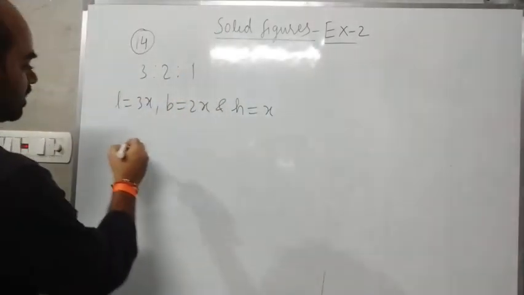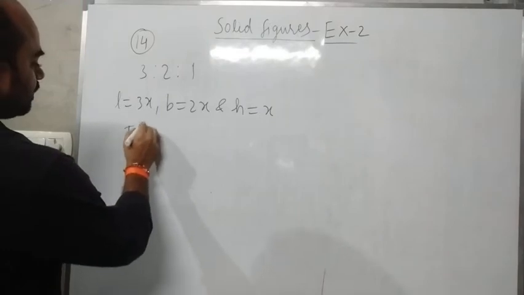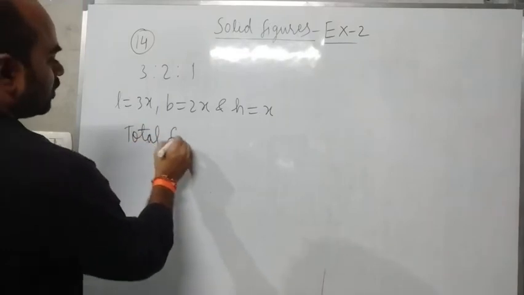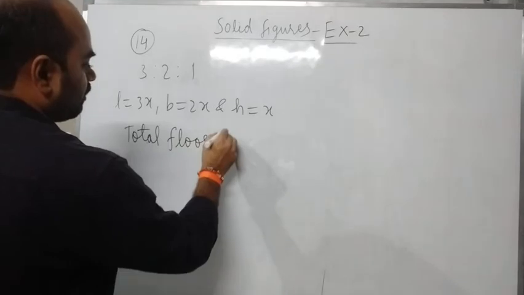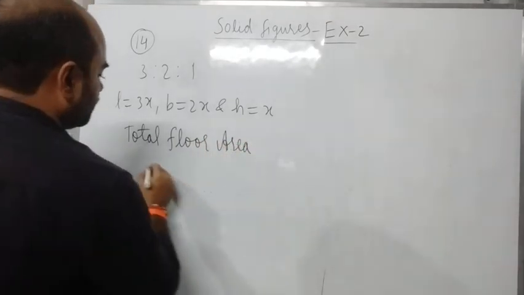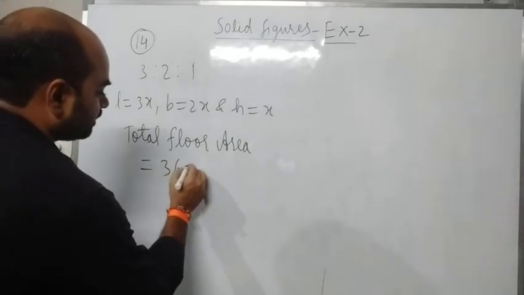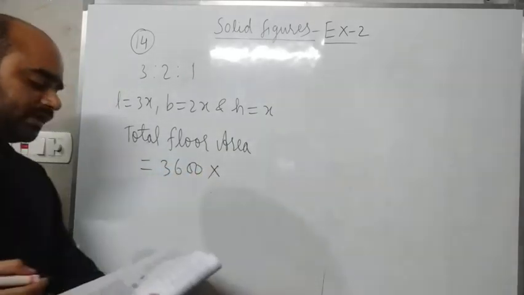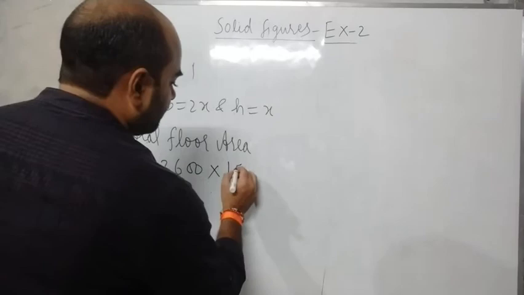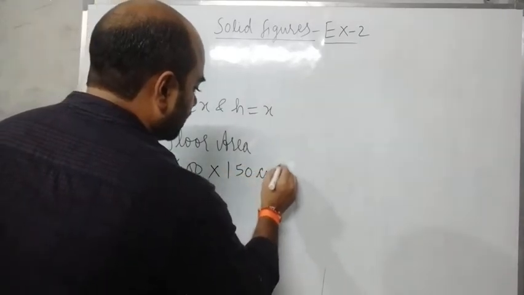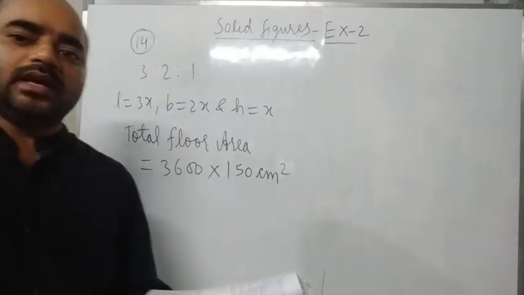It means what is the total floor area? Can you tell me? One student requires 3600, into how many students are there? 150. It means this is the total floor area.